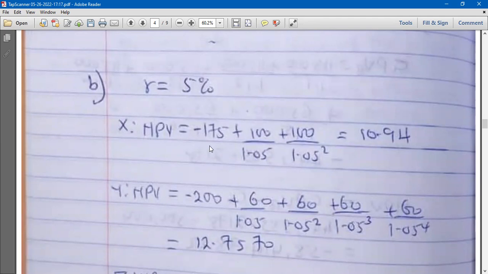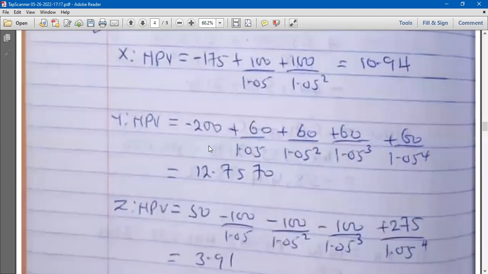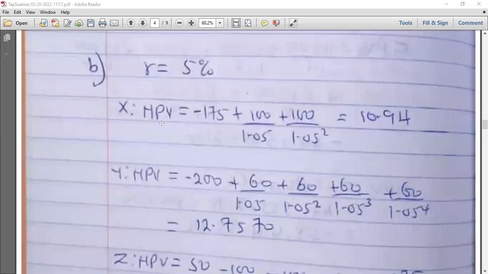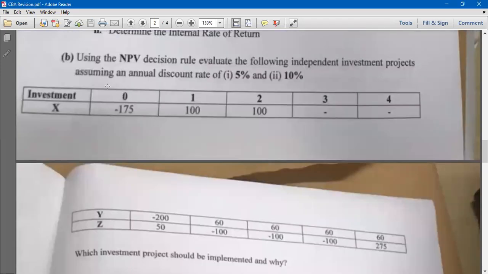We can take this minus 175 as an initial cost. And remember, this is for the base year, year zero.